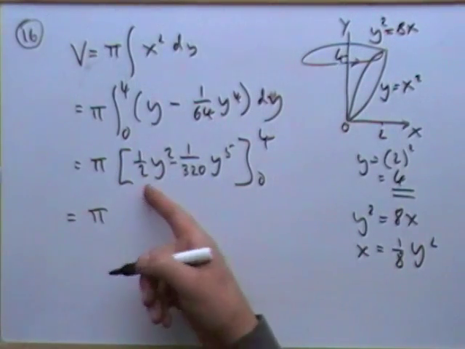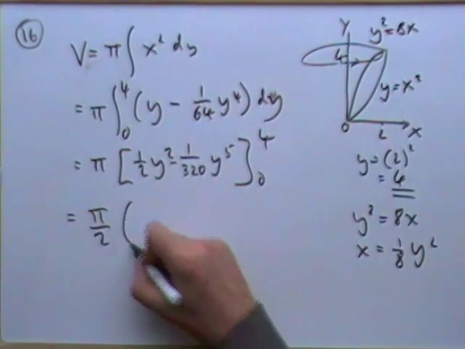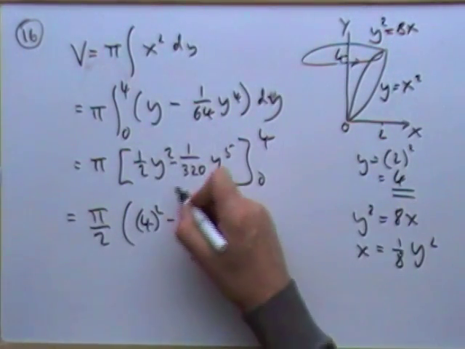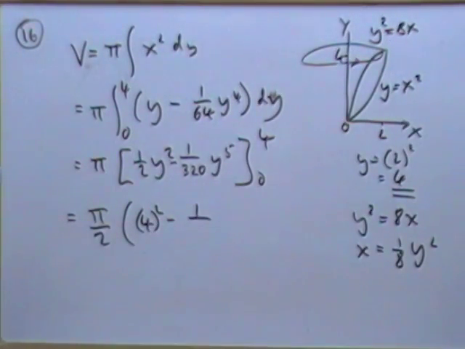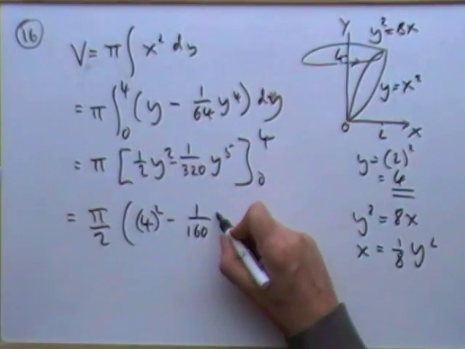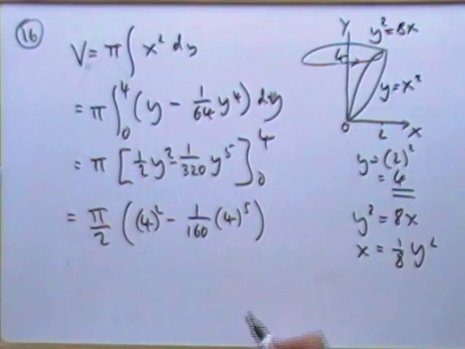So times, I could take a half out. I'll take the half out just now. So times, and that's going to be 4 squared minus, I took out half, so that means what I'm left with there is just 160 times 4 to the power 5. Suppose you could just use a calculator for that.